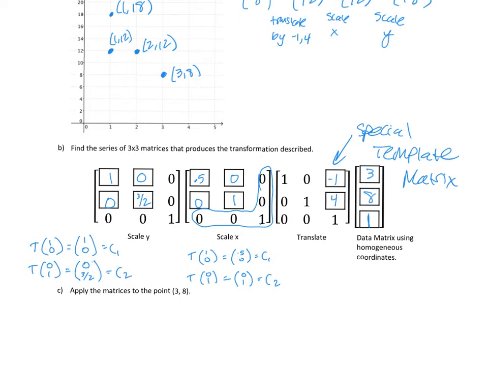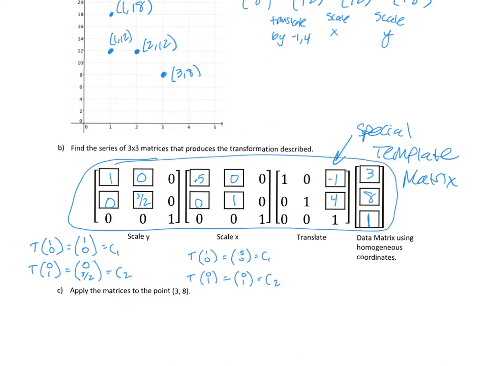All right, so if I were to apply these 3 matrices to the data point (3, 8), I should get (1, 18). So if you actually put these all into your calculator, you should get (1, 18, 1). I'm not going to do it out, but you can test it in your calculator.